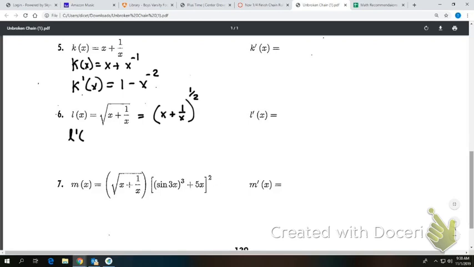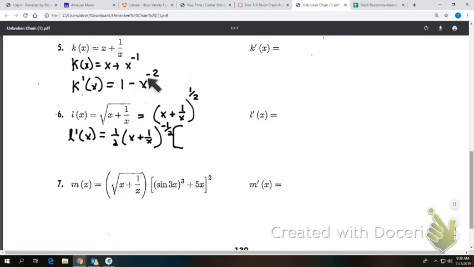So L prime of x would be, chain rule, here we go, 1/2 times x plus 1 over x, now raised to the what, guys? Negative 1/2. Then make a bracket times, look up here please, let's make sure we're all clear, the derivative of everything inside, which we just did right here.